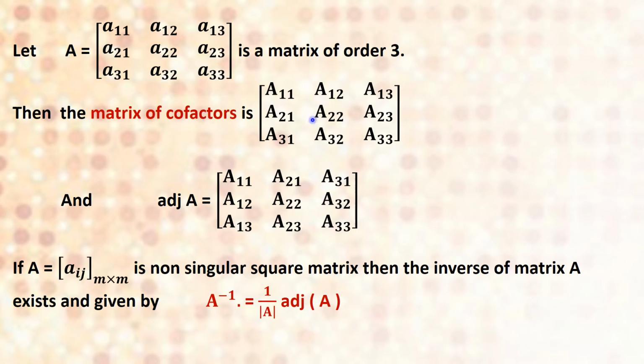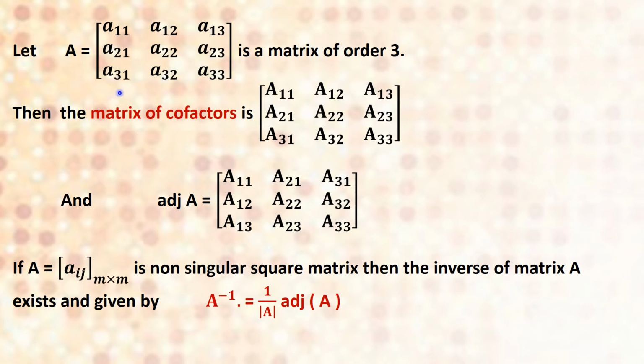Before doing this step, first we write down all the given elements and the corresponding minors. Suppose we are calculating the minor of A11: we ignore this column and this row. The remaining small determinant you will get, and find its value. That will be M11. Similarly, you find the minors of each and every element of this matrix.